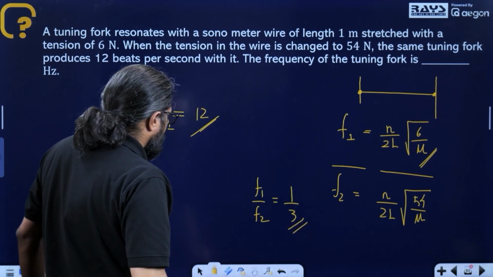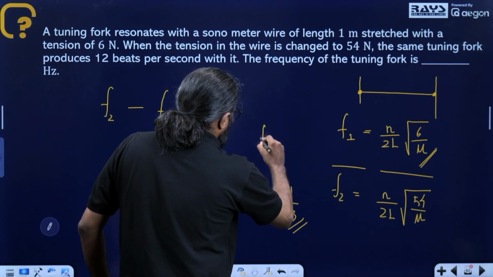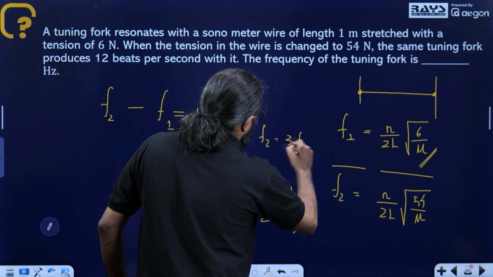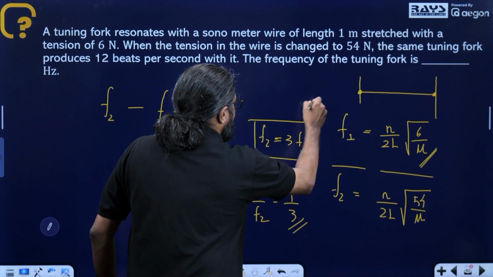Okay, so it is very clear that f2 is equal to 3 times f1.